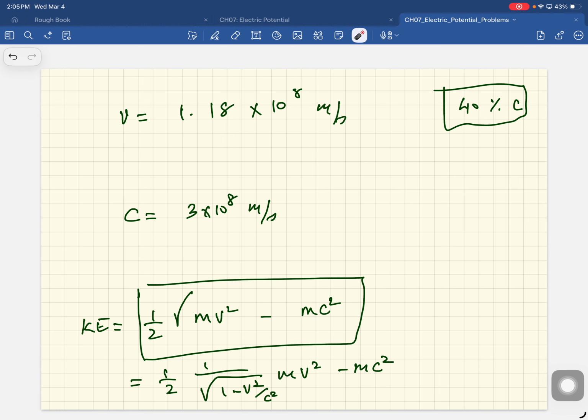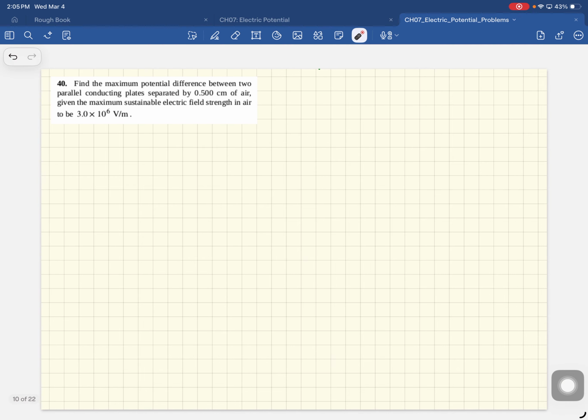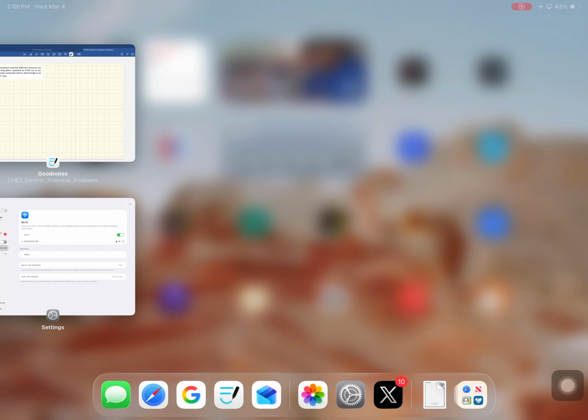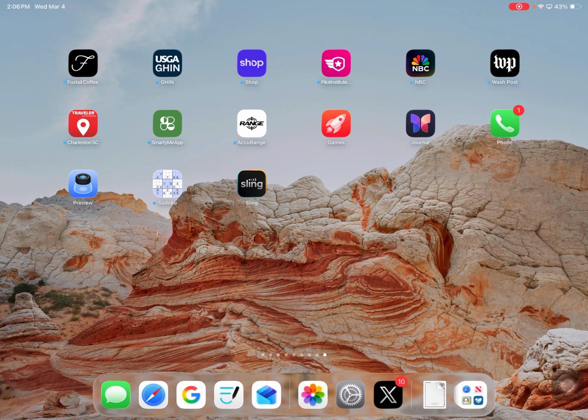Okay? You will learn next chapter the energy stored in a capacitor is 1/2 C V squared, where C is the capacitance, and V is the voltage. Okay, so the higher the voltage you can charge a capacitor to, the more energy you can store. Okay, can you think of any way to increase the voltage you can charge it to?